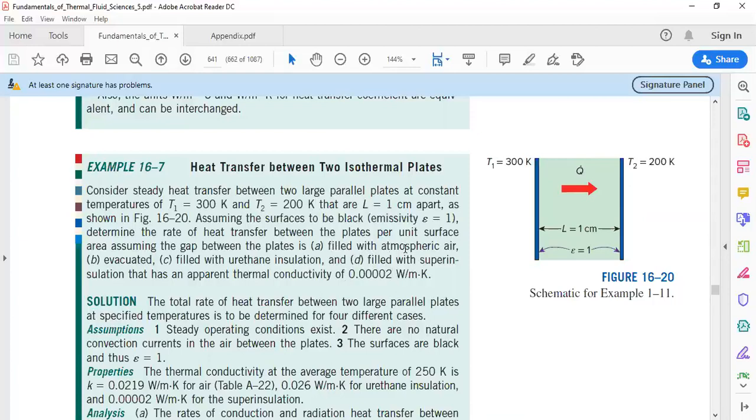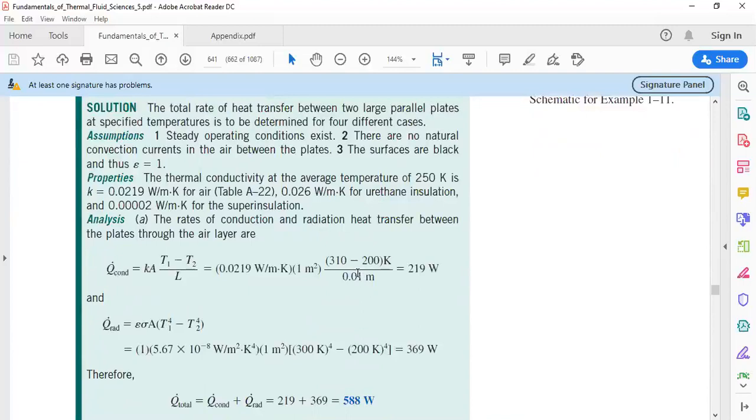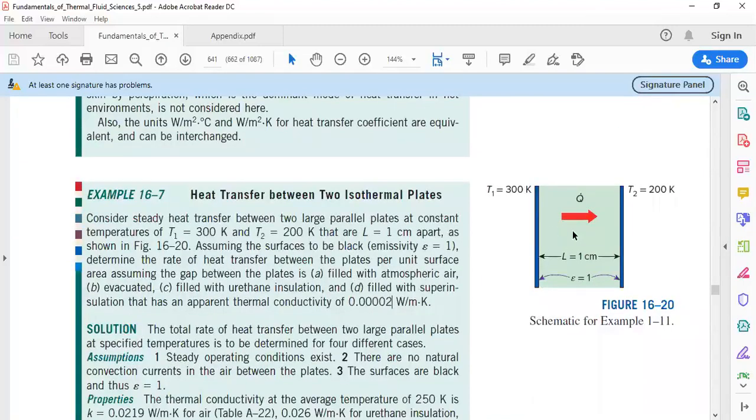Before starting to solve these different conditions, let's first discuss these different cases. First, A, if it's filled with atmospheric air, then assuming this air is still and not moving, there will be no convection, and the heat will be transferred through conduction and radiation.